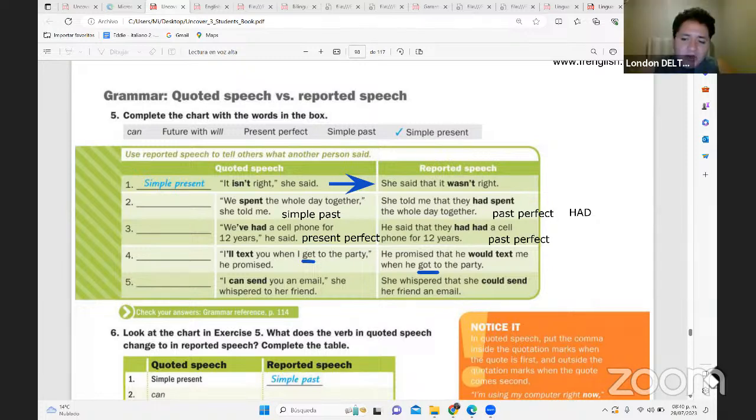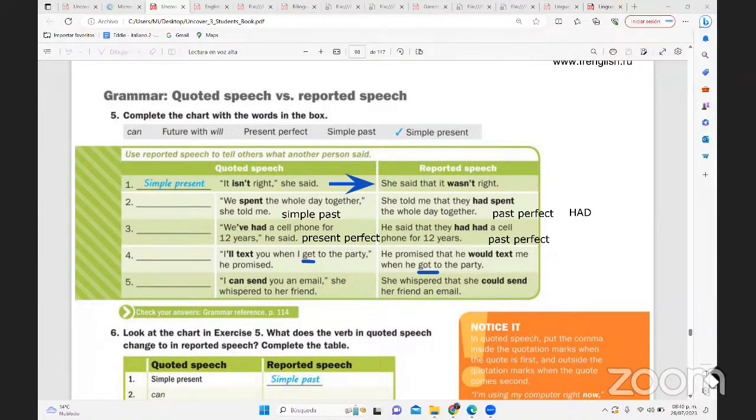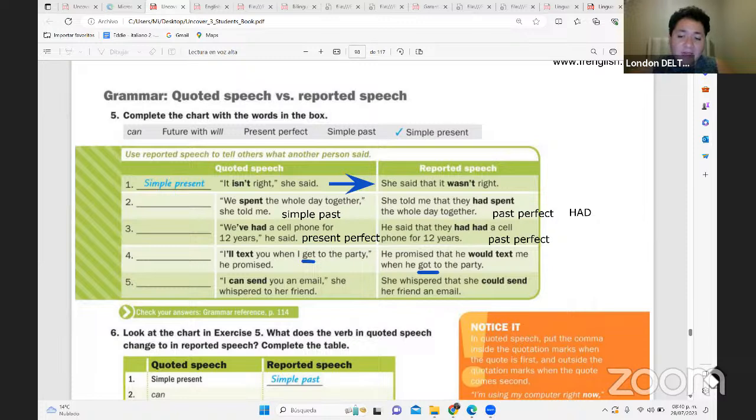Entonces, tu oración está en pasado, esa sí hay que cambiarla a pasado perfecto. Ok, went to the gym, ¿verdad? That's what you said. La oración es María went to the gym.